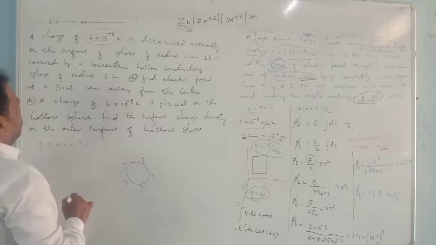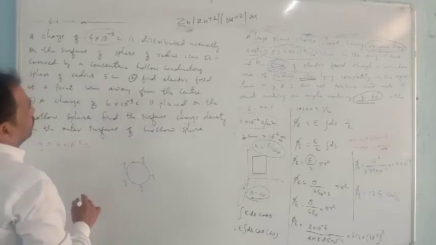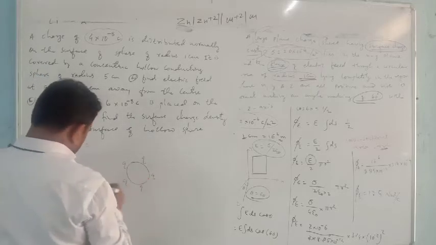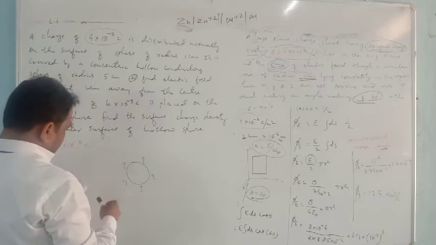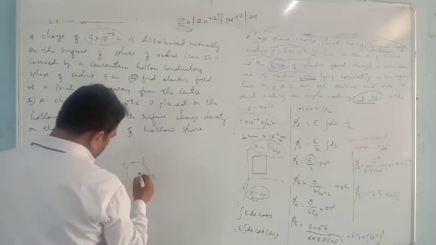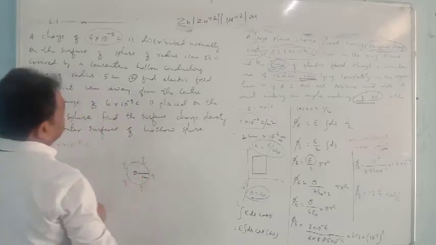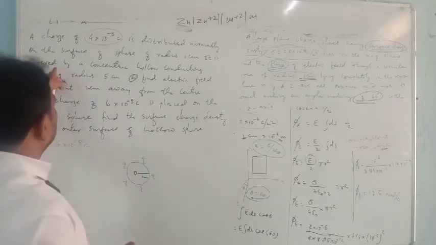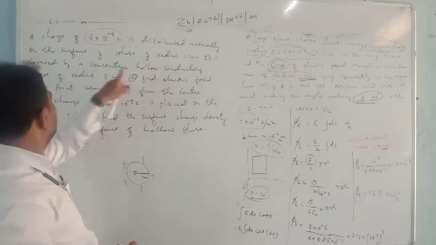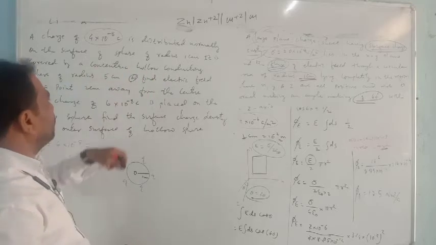Okay, so charges are distributed on the sphere of radius 1 centimeter. A sphere, it has a radius that is 1 centimeter. This one is the center. It is covered by a concentric hollow conducting sphere of radius 5 centimeter.